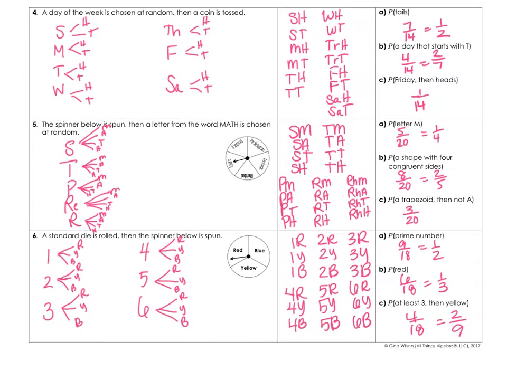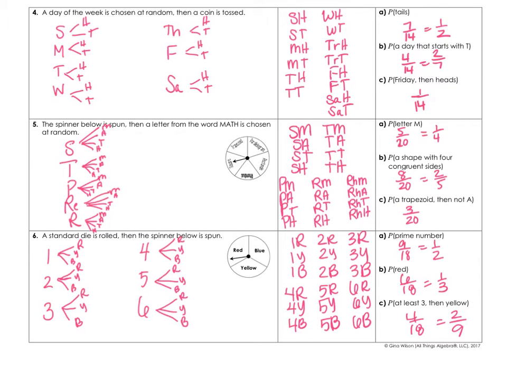Number 5: a spinner is spun, then a letter from the word MATH is chosen at random. So you have 5 sections on the spinner, and then MATH coming off of each one. The sample space is quite lengthy, 20 outcomes. Probability of picking the letter M, 5 out of 20 or 1/4.